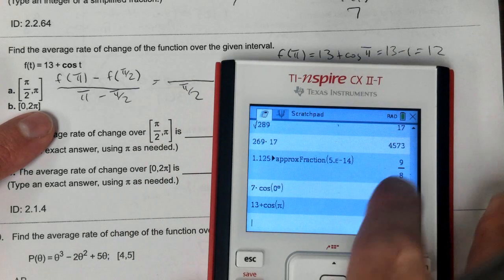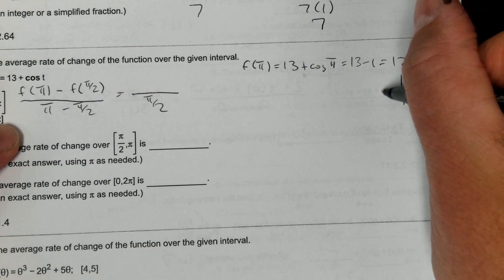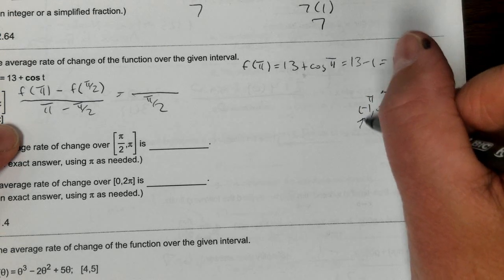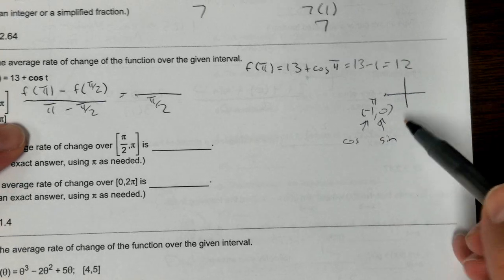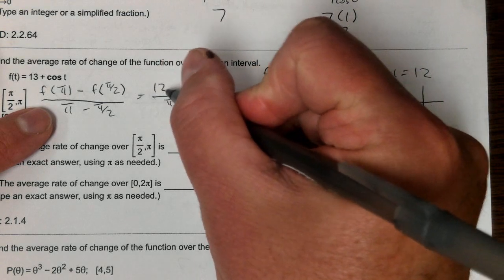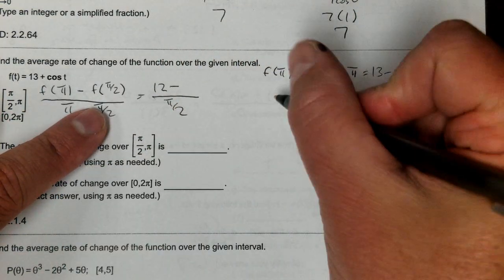Again, you can just use your calculator, but if you'd rather use your unit circle, over here at pi, it's -1, 0. So your cosine would be the x and the sine would be the y. So f of pi would be 12 minus, now I need f of pi halves.